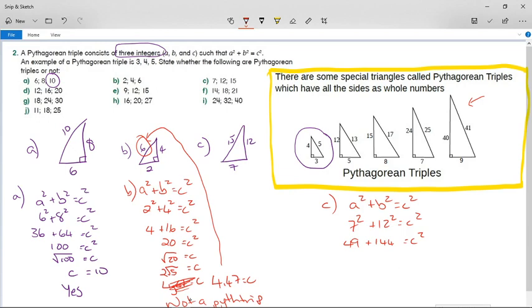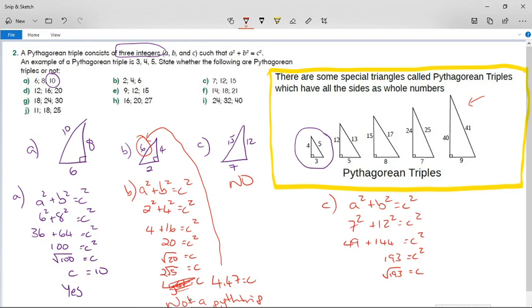I don't know what that is, but luckily I've got my calculator handy. So c squared equals 193. If we square root 193, we get the square root of 193, and the moment your calculator gives you this answer under the surd sign, you know that this is not a whole number. So the answer to number C is once again no.